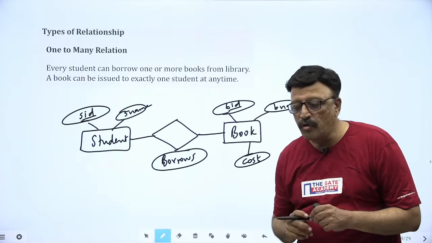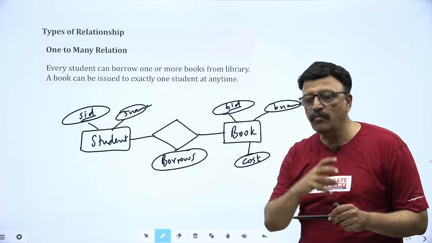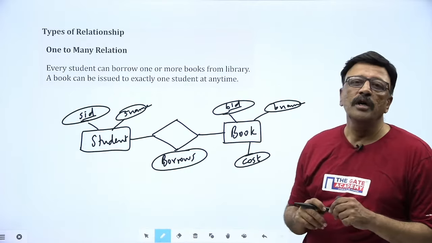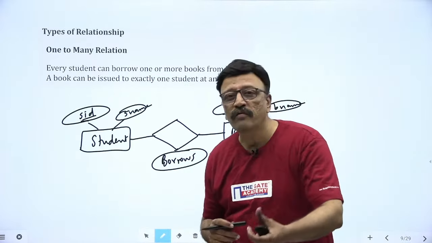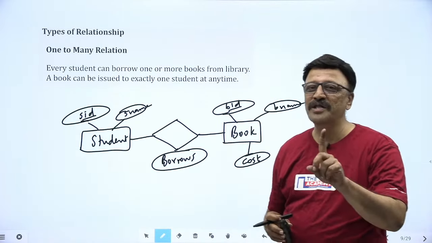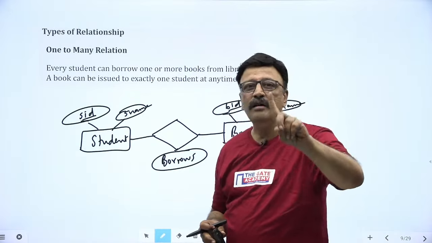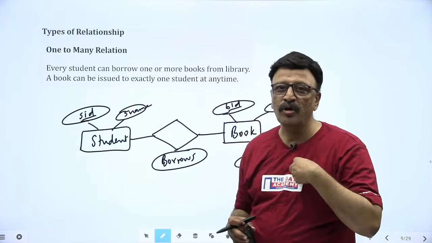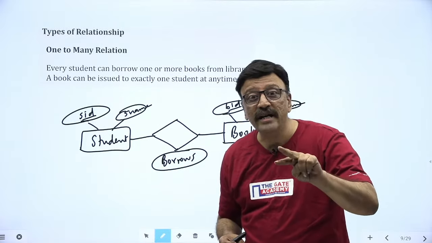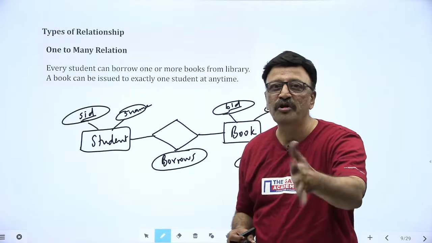But once we have known what is this entity and what is relation, the next very interesting fact I am going to tell you is what are the types of relationships. Wait a minute, I promised you very early that there are many types of attributes. I kept my promise. I taught there are 4 types of attributes. But then I also said there are types of entities also. I have not kept that promise.